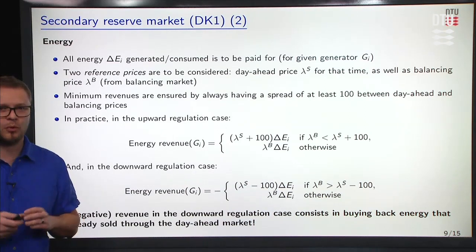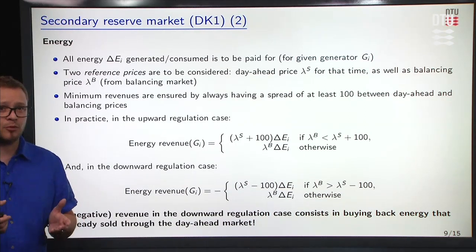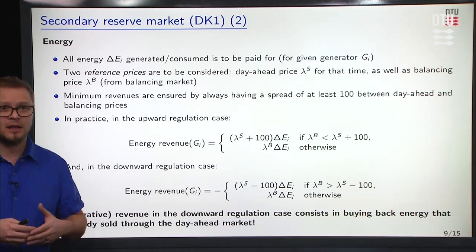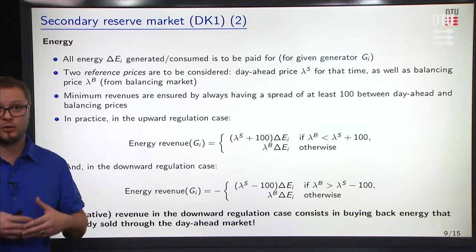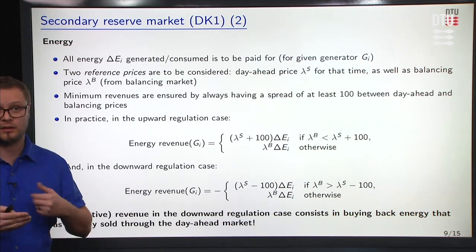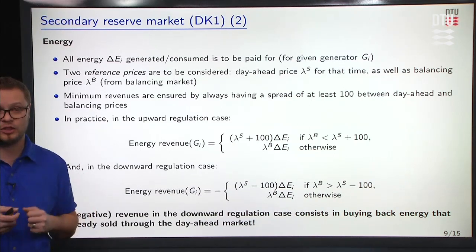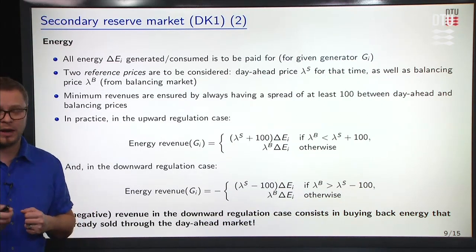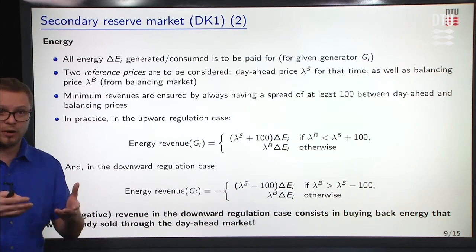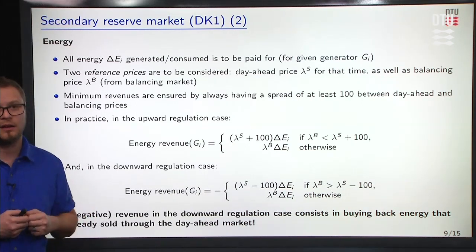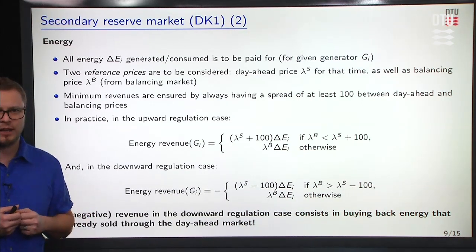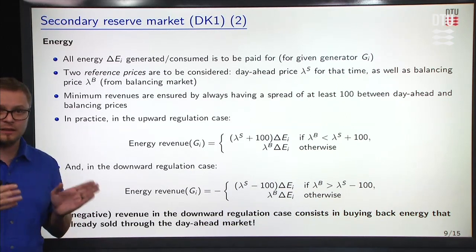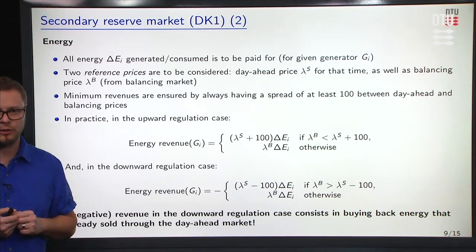To also support this process, the system operator wants to ensure that this price is quite low, or at least you have a guarantee that the spread between lambda S, the price at which you were paid to supply the energy, and the price at which you're going to have to pay back when you get this energy back through the secondary reserve provision, this difference should be at least also 100.